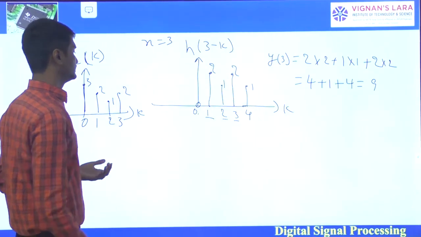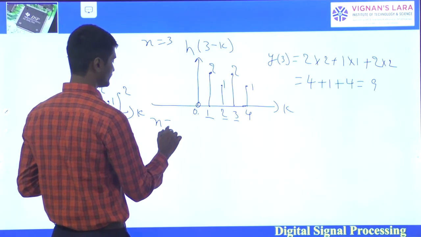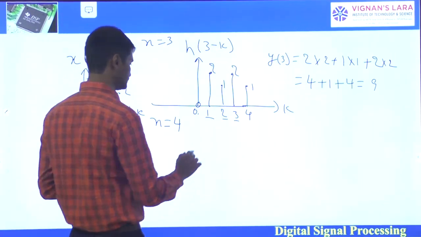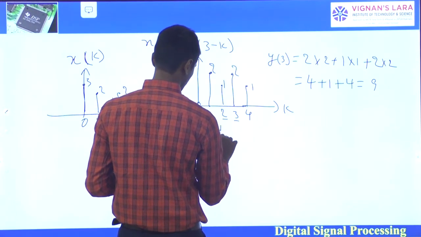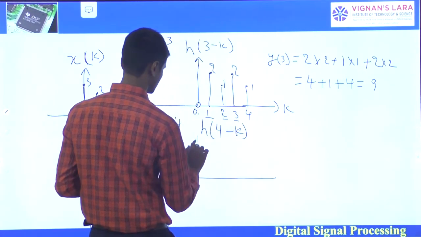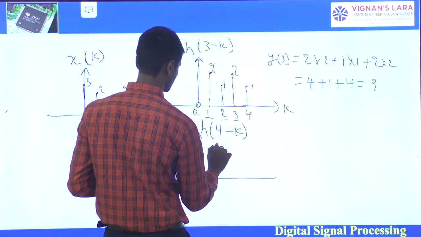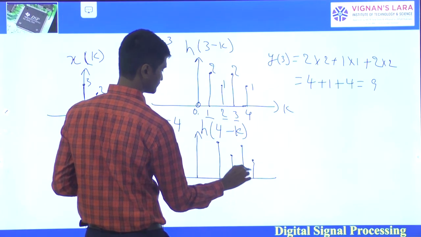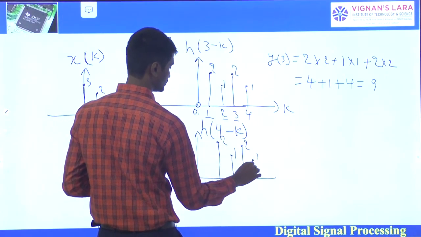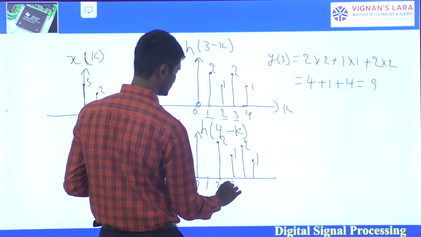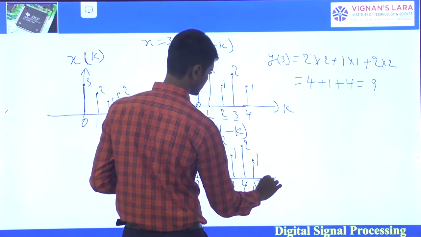So again increase the value of n. Now it is n equals 4. Then h of 4 minus k, 2 1 is 0 1 2 3 4 5.